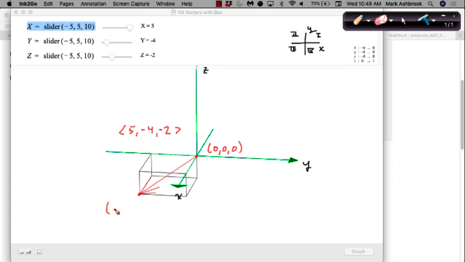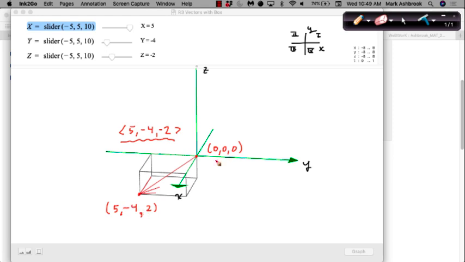Its coordinates are the same as the components of the vector. When you're in standard position, the coordinates of the tip are the same as the components of the vector. As soon as I move that vector, the components don't change, but the coordinates of the tip and the tail do, right? If I move that vector, this stays the same, but the coordinates of the tail and the tip change.